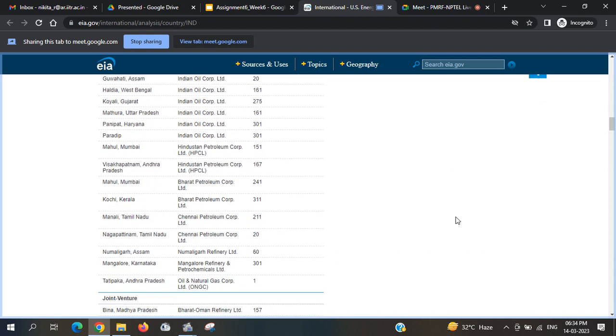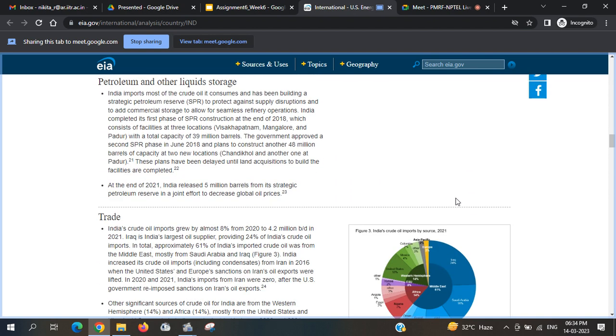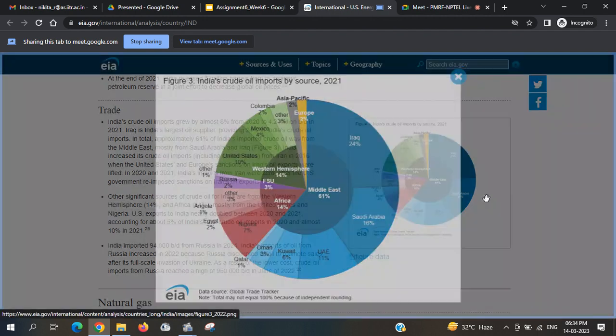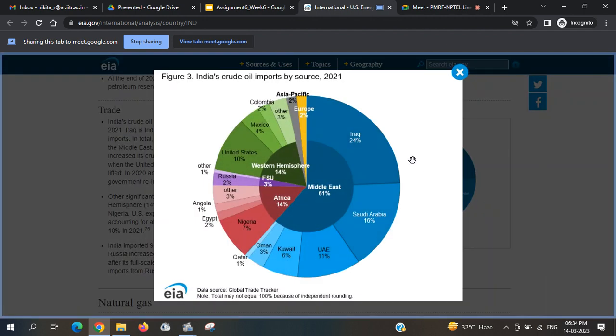That is a very clear indicator that India imports a lot of petroleum and other liquid fuel from other countries. This graphic shows how much crude oil is imported by India from different countries. You can see the share of the Middle East is the largest, followed by Iraq, Saudi Arabia, UAE, United States, and several other countries.